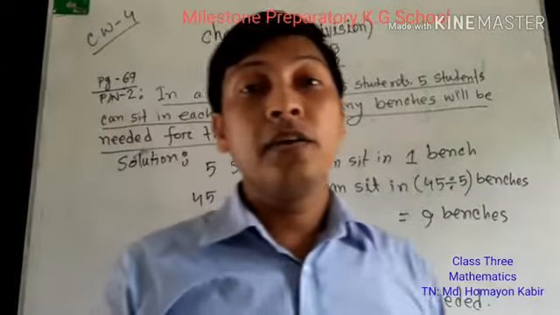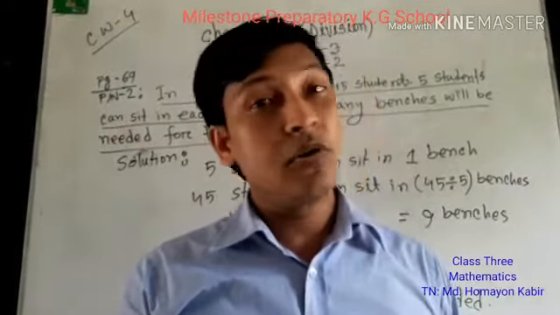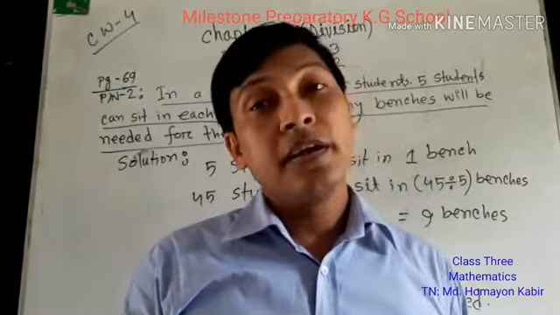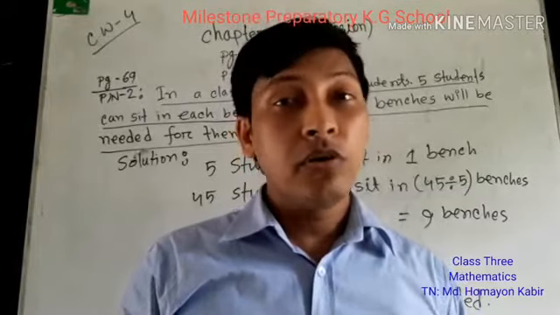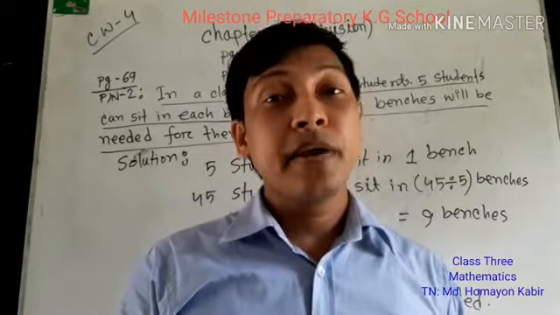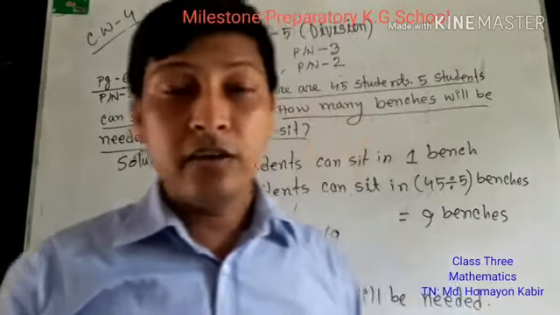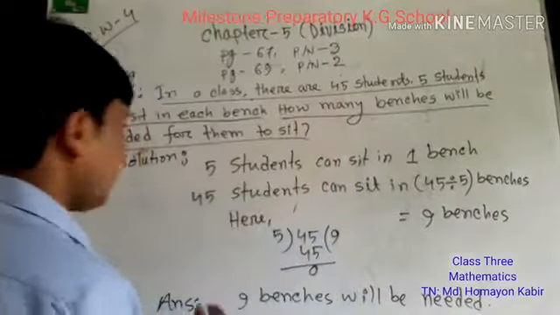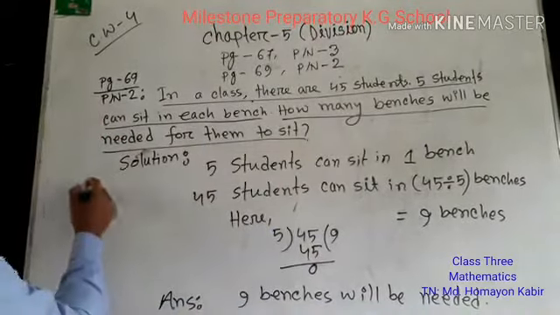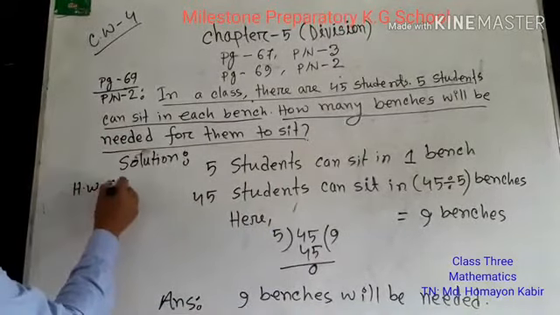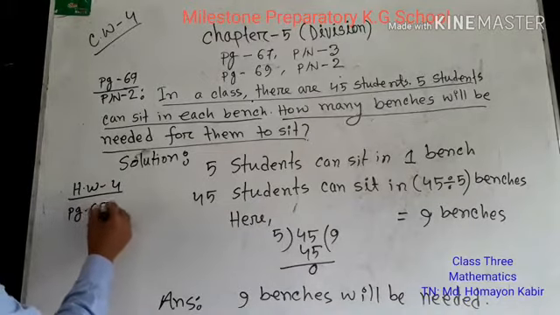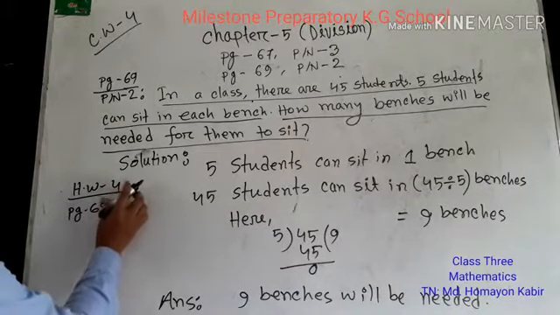So students, I hope you understand both word problems. You will practice more and more at your home. Understand? So we know practice makes a man perfect. Now I give some homework. Now read SW number 4, page number 69. Sorry, 67.